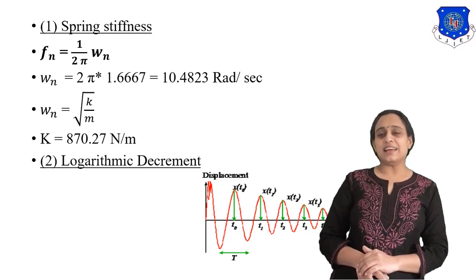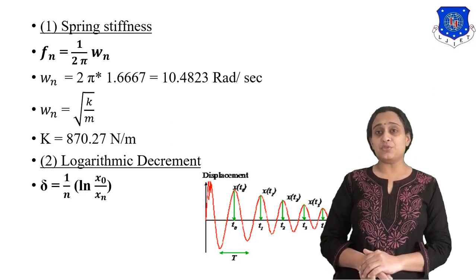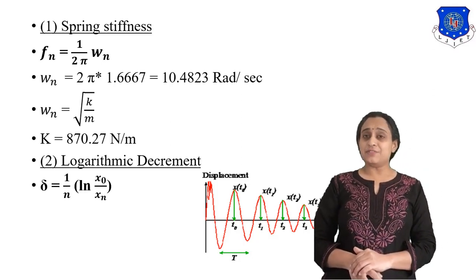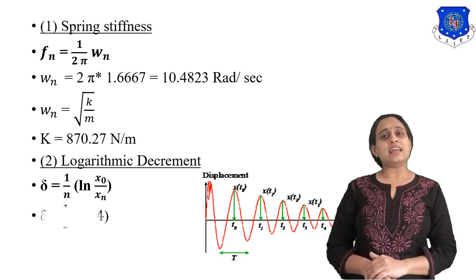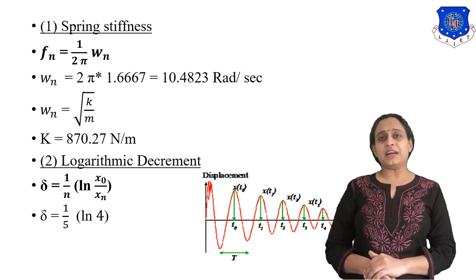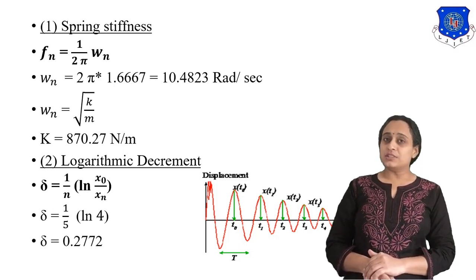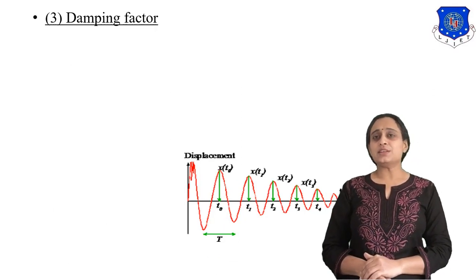Okay, now let us find the logarithmic decrement. Delta is equal to 1 upon n ln x0 by xn. So for this we get 1 by 5 ln 4. For this we will get delta as 0.2772.